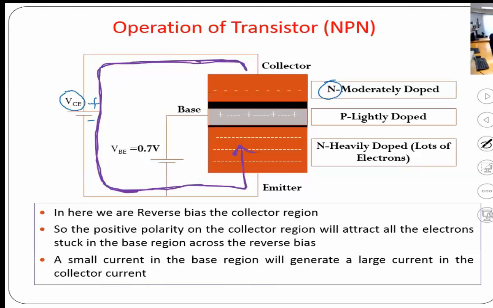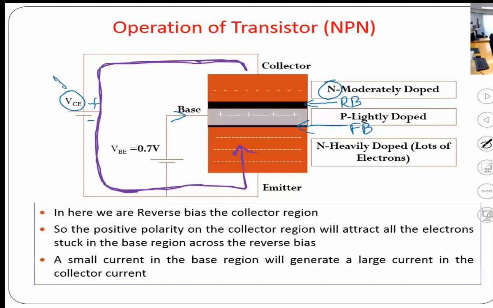So assuming that you have proper base voltage, that means this junction is already forward biased. And this junction right here, based on the depletion region, you can see the thickness is very high compared to the other one. So that's reverse bias.